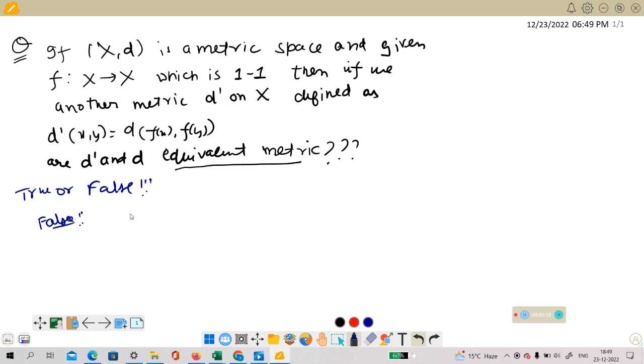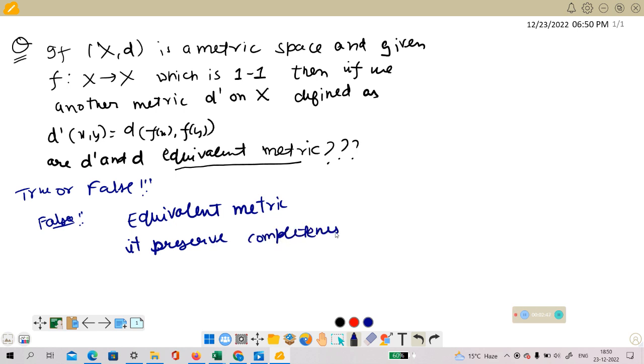But first we will see that equivalent metrics preserve completeness.